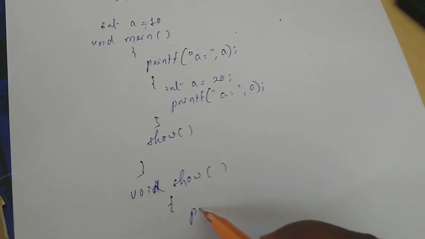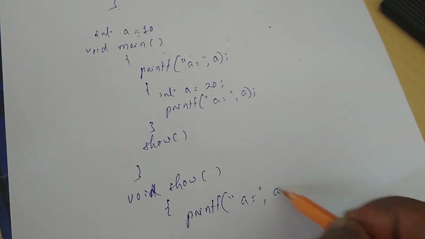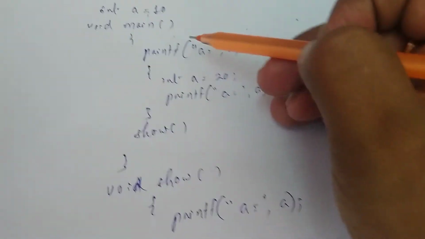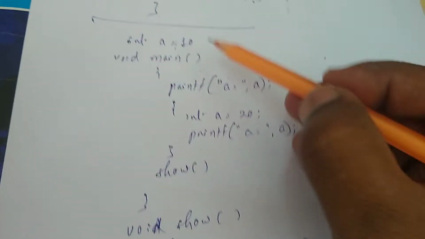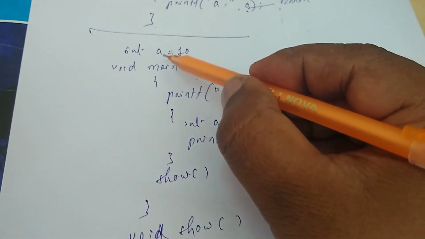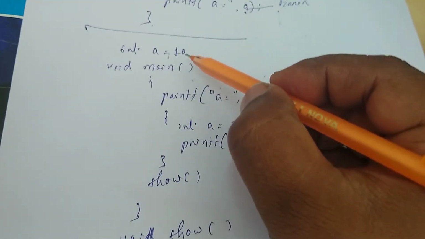Suppose we want to print this variable a. So see here in this program, a is declared outside of the main method. So this a is one global variable which is assigned with value 10.